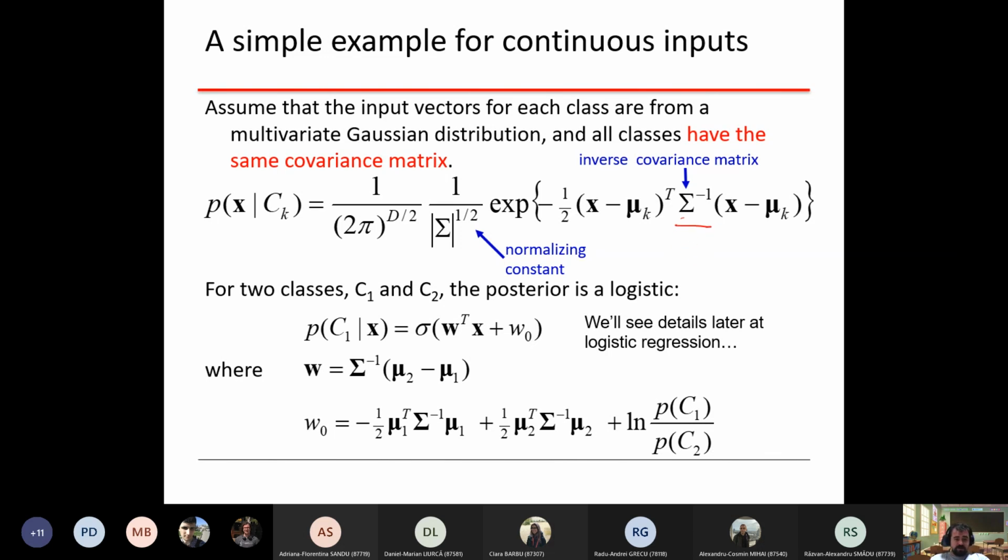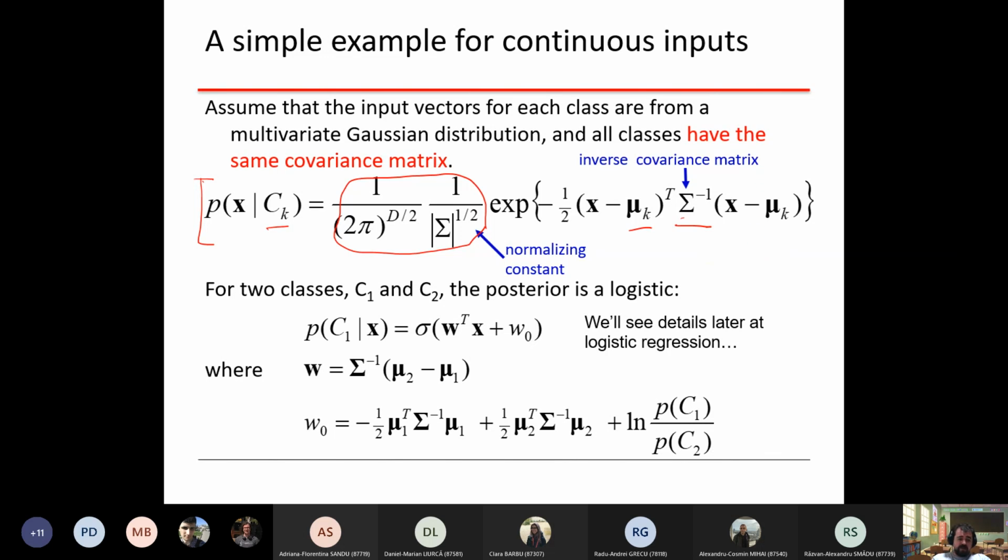And if we have this Gaussian distribution, it means that the probability of X given Ck, so the distribution of points in space for the class Ck, is given by a Gaussian that is defined by this normalizing constant, multiplied by the exponential of minus half X minus the mean, transposed, multiplied by the inverse covariance matrix, multiplied by X minus the mean.